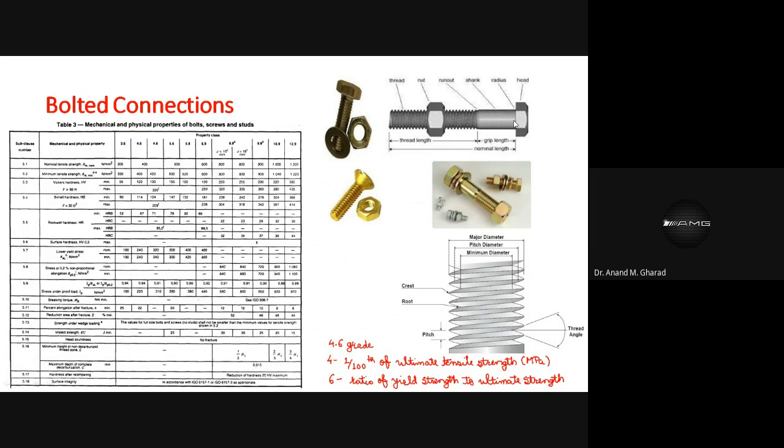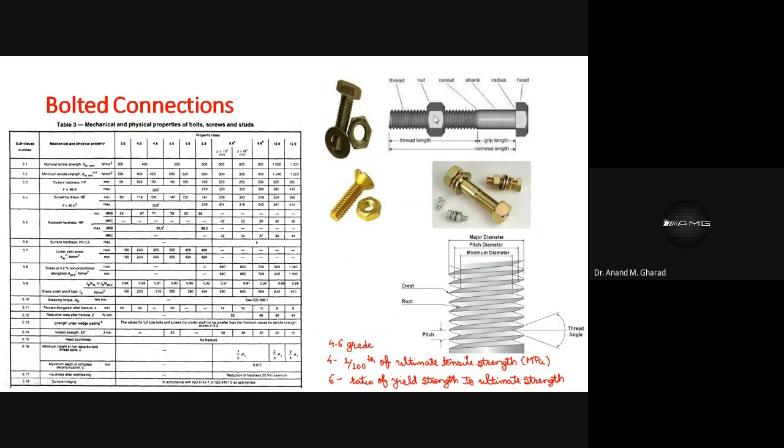So now see, this is known as the head of the bolt. This portion is the radius. This is known as the shank. So shank is the smooth part of the bolt, which is in the vertical direction. This is also known as the grip length.